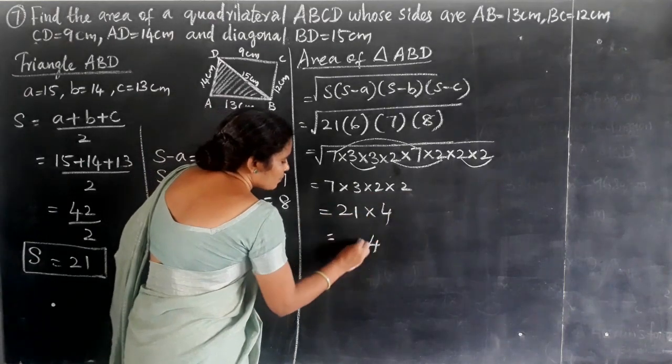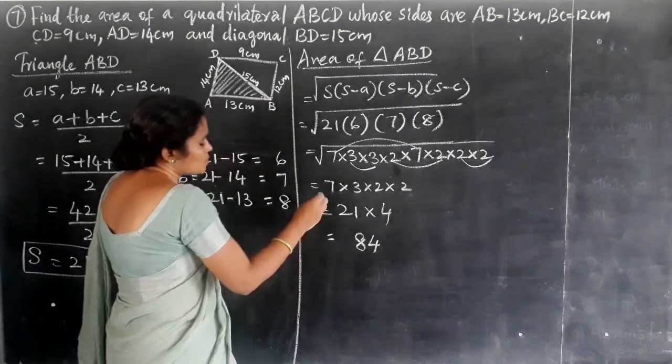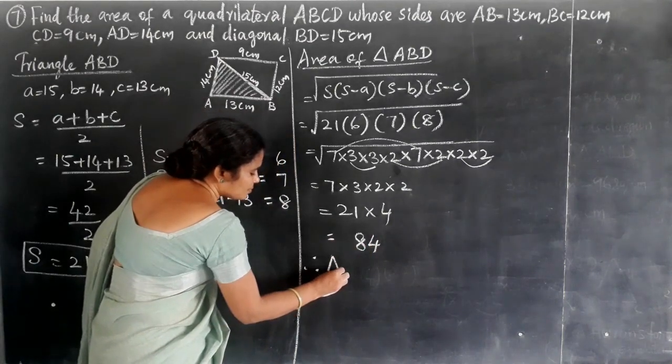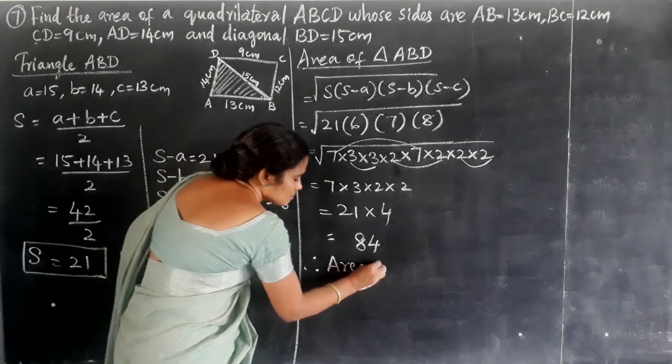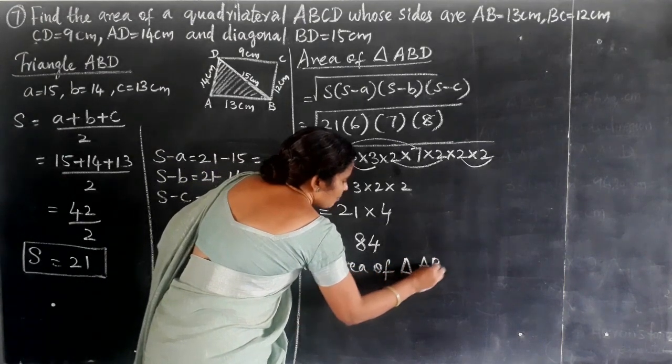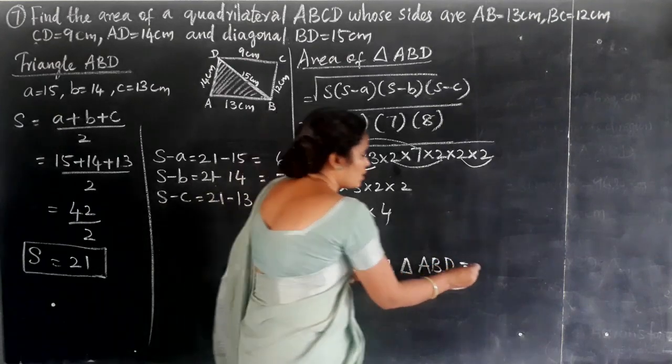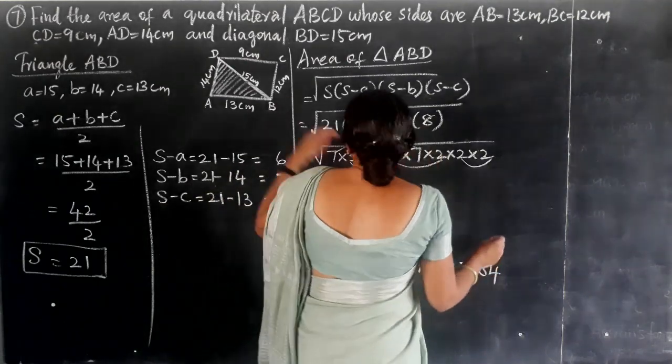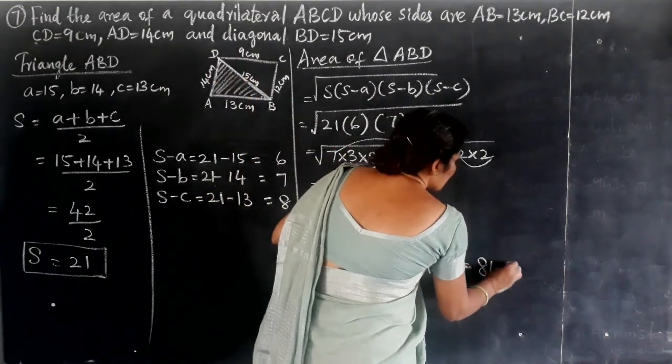So 4 2s are 8, 84. So the area of triangle ABD is equal to 84 square centimeter.